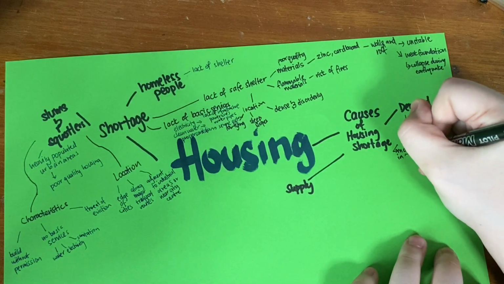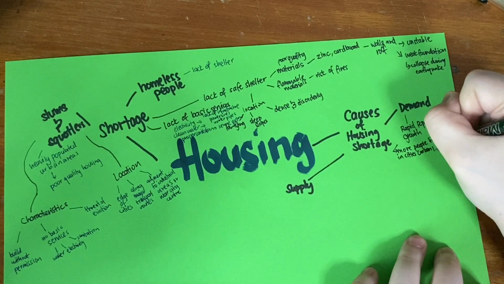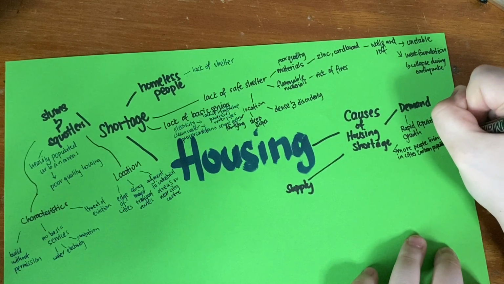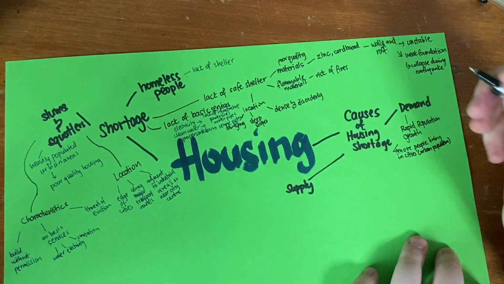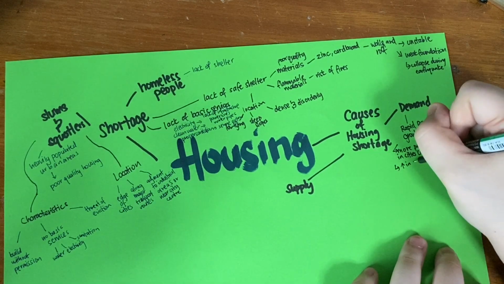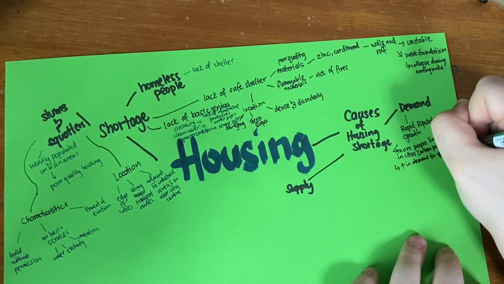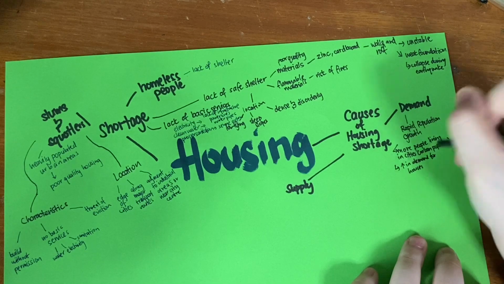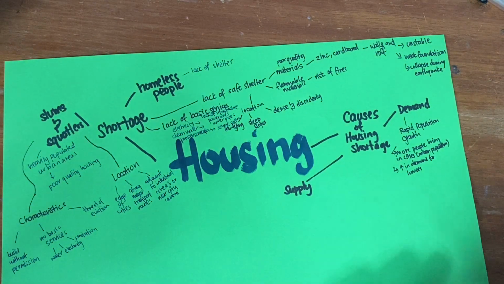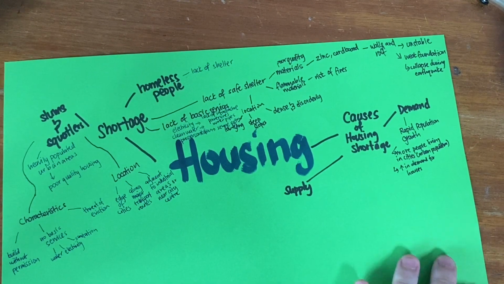So we are talking about our urban population. This will also mean that there will be an increase in demand for houses. So that is one of the main ones, which is rapid population growth.